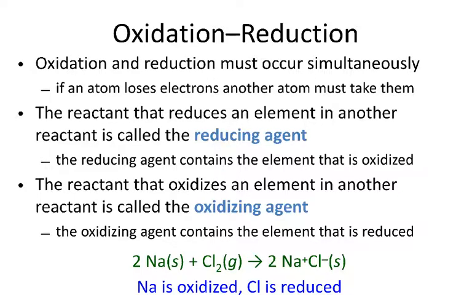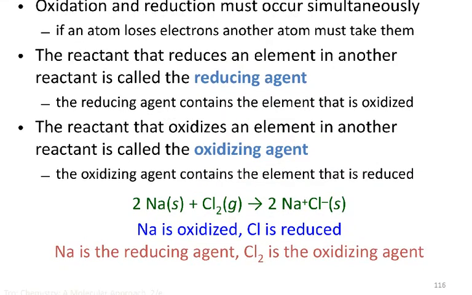And similarly, the reactant that oxidizes an element in another reactant is called the oxidizing agent. And the oxidizing agent will contain the element that is reduced. So if you remember that whatever's oxidized is the reducing agent, and whatever is reduced is the oxidizing agent, that will help you. So agent means what it's doing to something else.